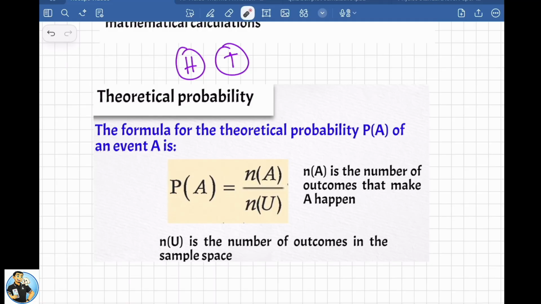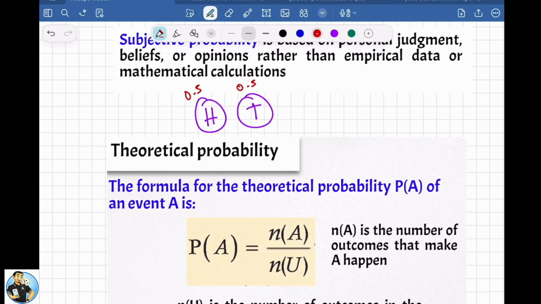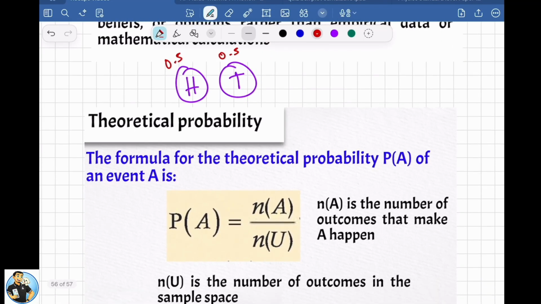Every single outcome has the same probability, or the outcomes are equally likely. What is the meaning of this? That they have the same probability. So because we have 2 outcomes and the maximum probability is 1, each result has 0.5.